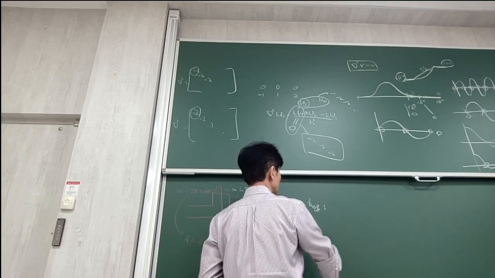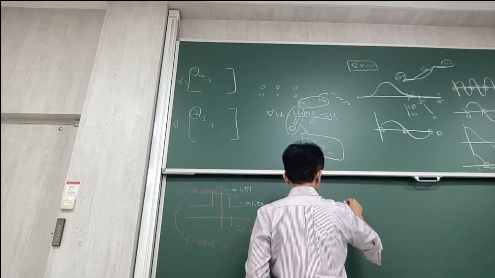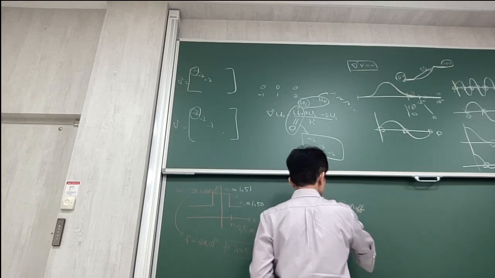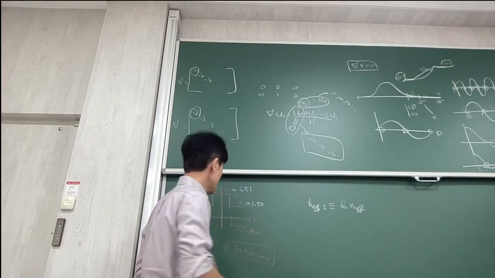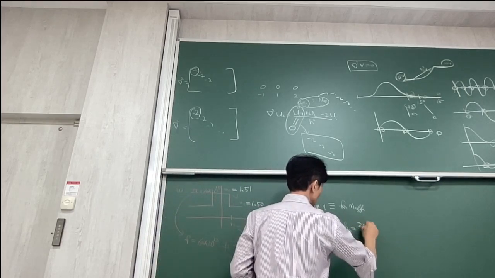We obtained K effective 1, the effective refractive index. K effective is K0 times N effective. This is the definition, where K0 is 2 pi over lambda.